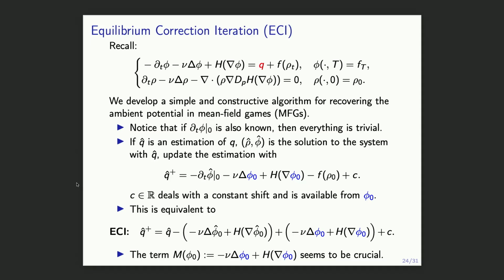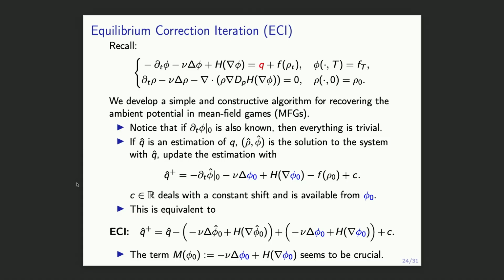Then how about when I have an estimation q hat, I can solve it and get the rho hat and phi hat, which is the estimation. Then I update my estimation of the q with the phi hat from the estimation and with the rest of the things from the measurement. And this C is some constant to deal with a shift in the ambient potential.